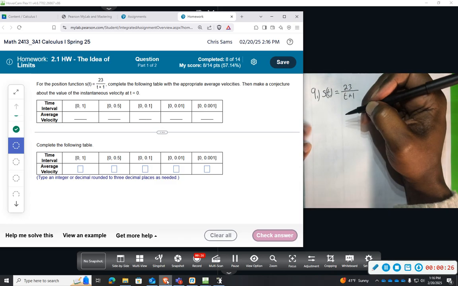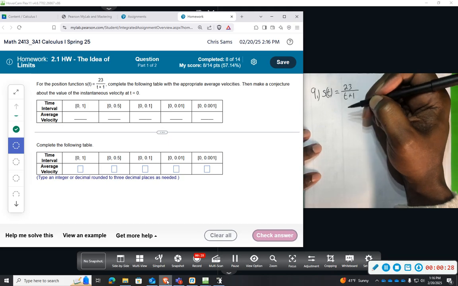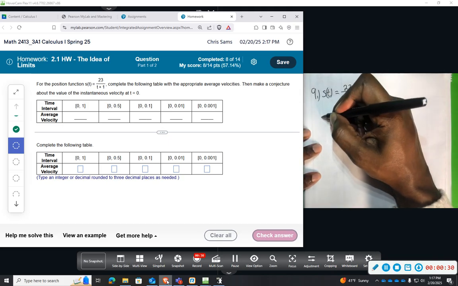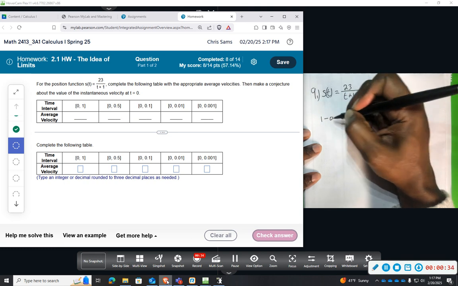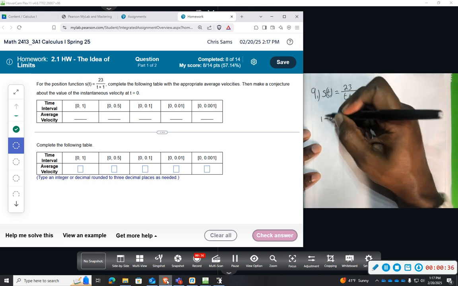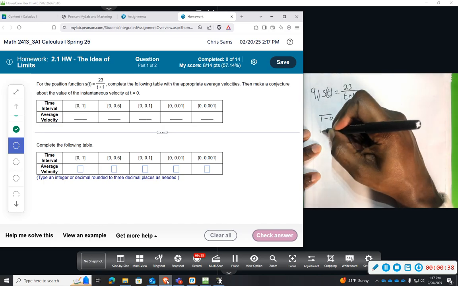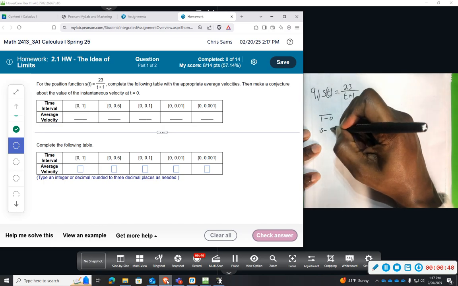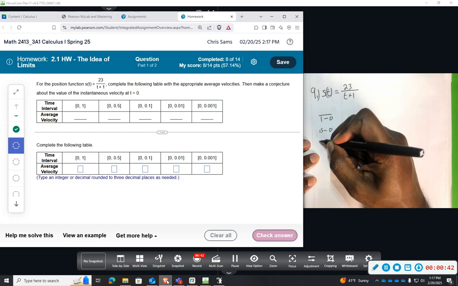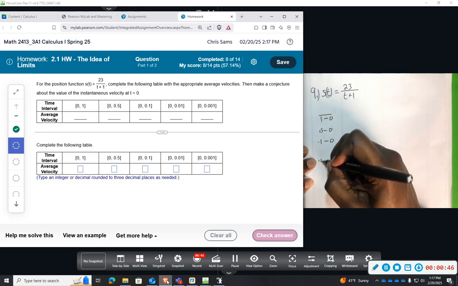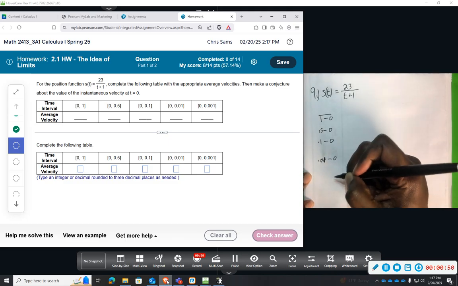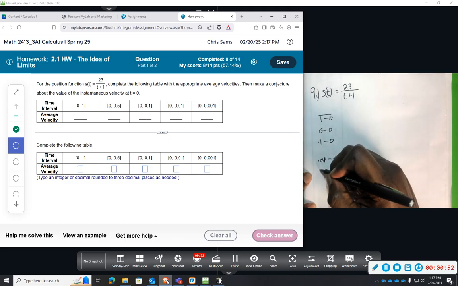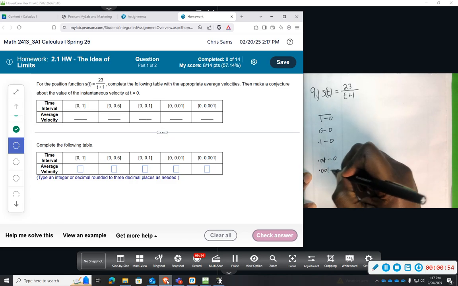And so we're going to evaluate 5 different intervals. So we're going to go from 1 to 0, from 0.5 to 0, 0.1 to 0, 0.01 to 0, and then 0.001 to 0.